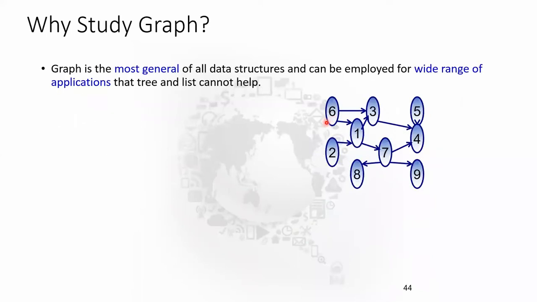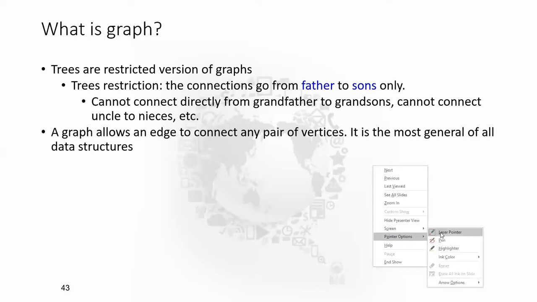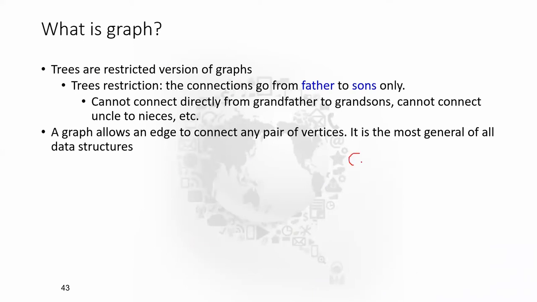A tree is a restricted version of a graph because it goes from father to sons, from up to down. It cannot connect directly from grandfather to grandsons, or from uncle to niece. In the tree over here, let's say this is your grandfather, you have your father, and this is your uncle.